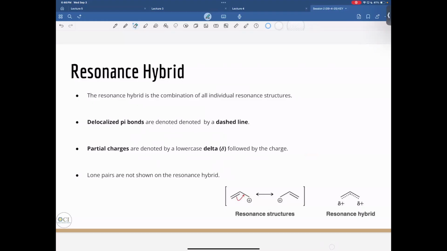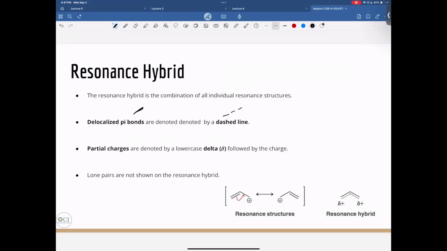Essentially, resonance hybrids show the dispersal of electrons, and it's showing that these pi bonds are not localized. It's not going to be in one place. It's going to be moving around in the molecule. That's why, to indicate that, instead of a straight double bond, a straight line like this, we're going to do dashed lines to indicate that the electrons are moving.